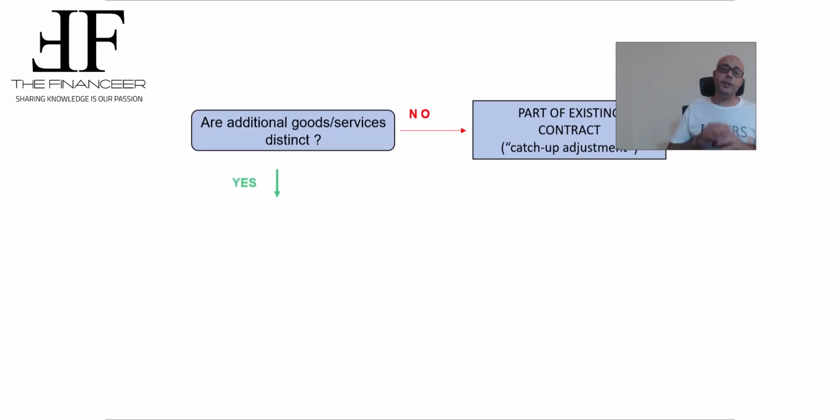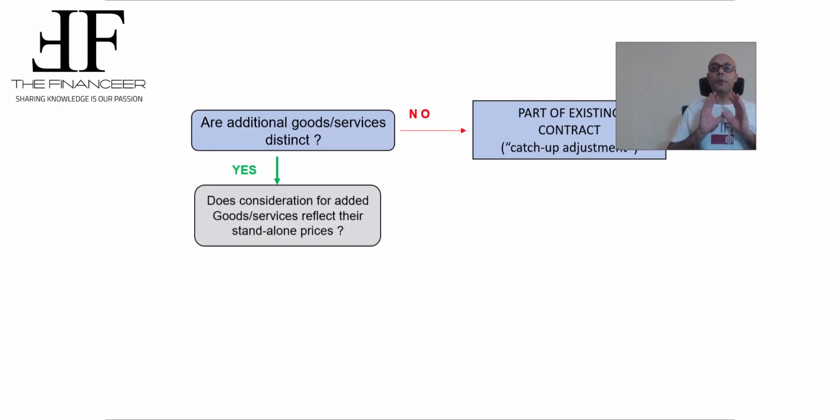But if the answer is yes, the additional product and services are distinct, then in this case you have to ask yourself another question related to the price of these additional product and services. Does the price or the consideration related to these additional product and services reflect the standalone selling price or not?